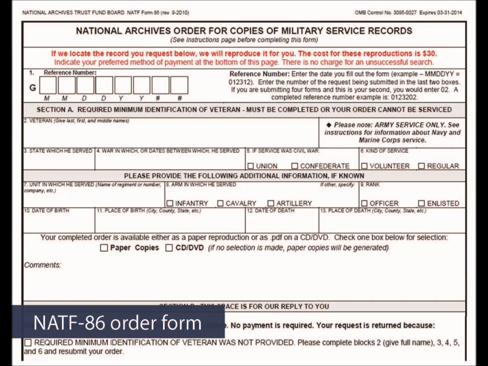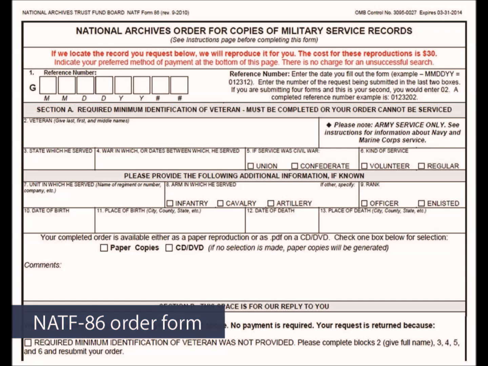And what this order form is good for is ordering up the records of any veteran who is in the Union Army, or you can even get into the Confederate Army: their rank, what unit they served with, whether it be infantry, cavalry, artillery.